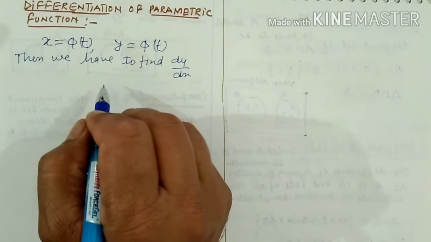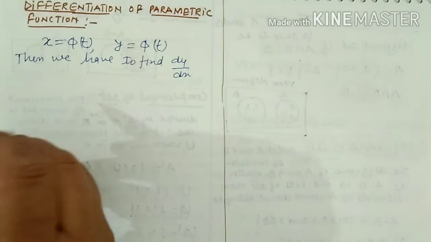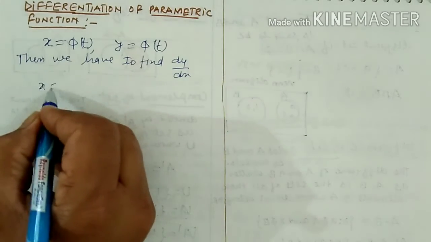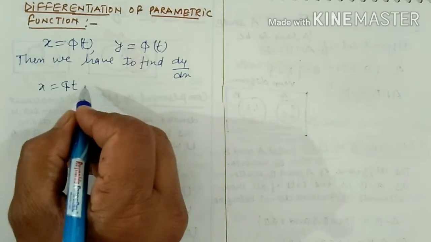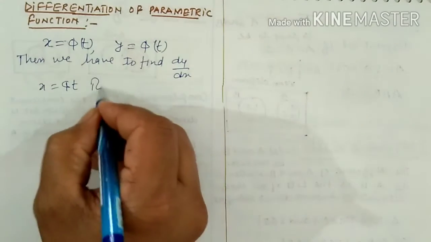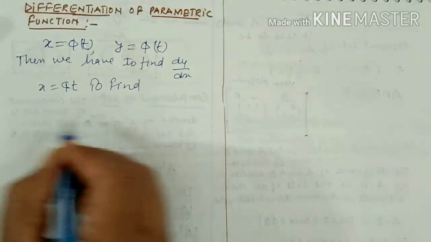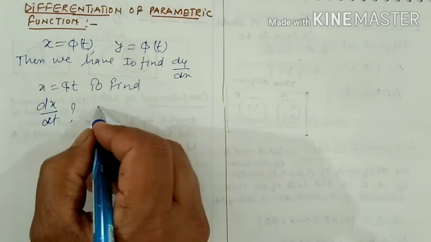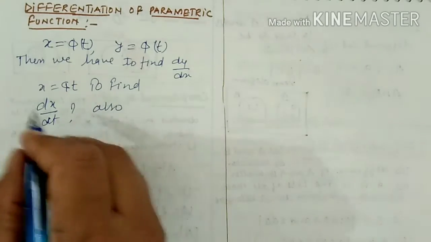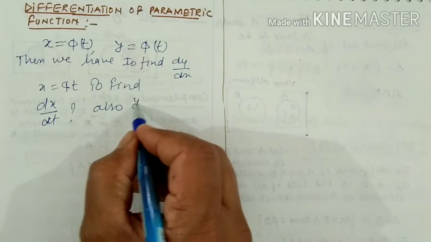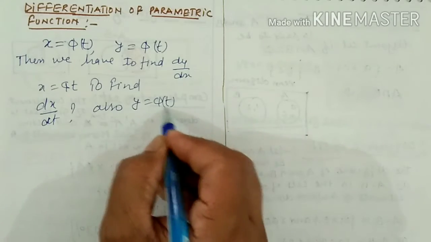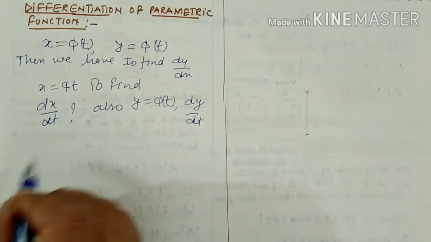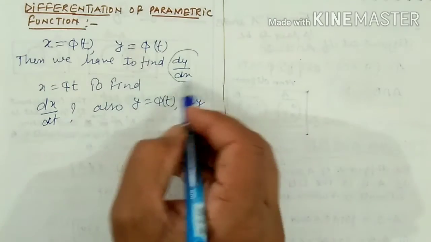We can find it as follows. First we take x is equal to phi t and find dx upon dt. Also we take y and find dy upon dt. Clear?